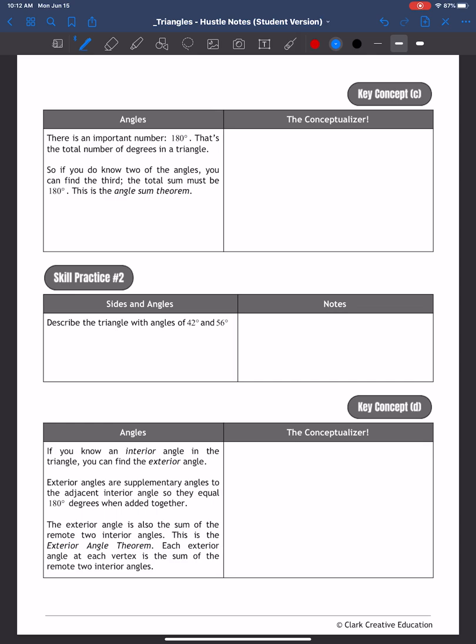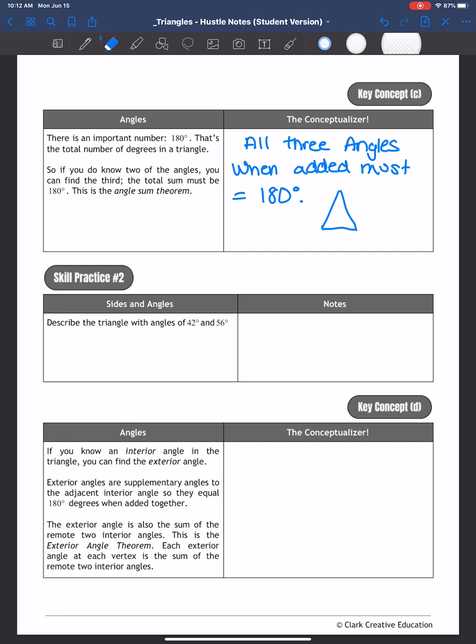So we know that all 3 angles, when added, must equal 180 degrees. So if you have, we'll do an easy one.